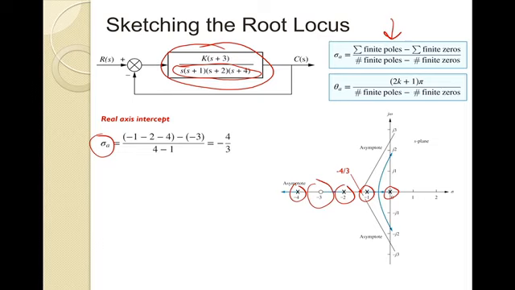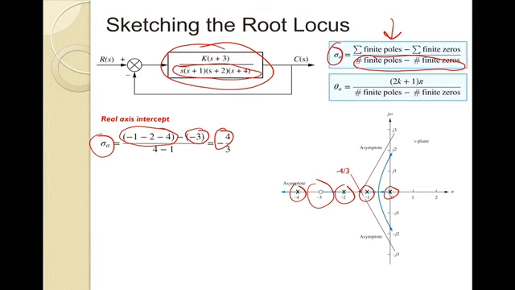Now, based on the definition of sigma sub a, we sum the finite poles: 0, -1, -2, and -4. We're going to sum those all together, and then subtract from that the finite zeros. There's only one zero, located at -3. As we work that out, the numerator comes out to be -4. Then in the denominator, how many total finite poles are there?